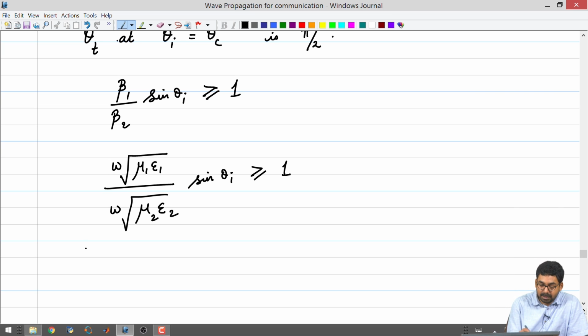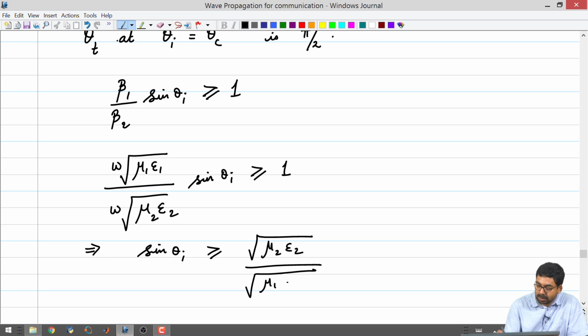Then we can say that sin theta I, in order to preserve this inequality, is greater than or equal to square root of mu 2 epsilon 2 by mu 1 epsilon 1.